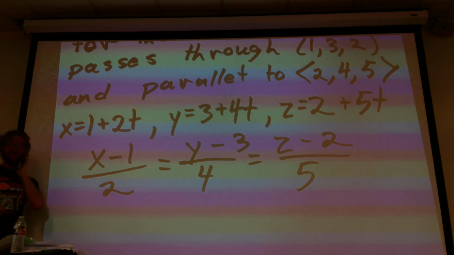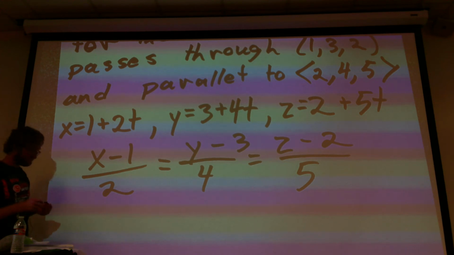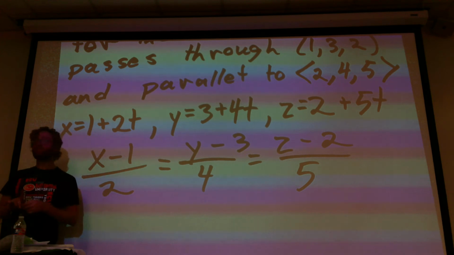Okay, so that's the parametric and symmetric equations for this line. Not that bad to deal with, just basically plug it into the formula.